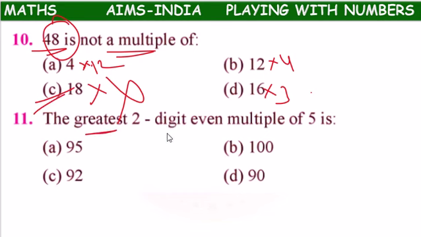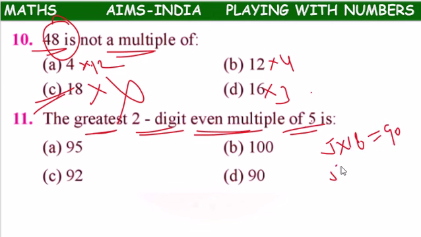Next, greatest 2-digit even multiple of 5. Greatest means 5 into 18, 90. So 5 into 19, 95. So 5 into 20, 100.